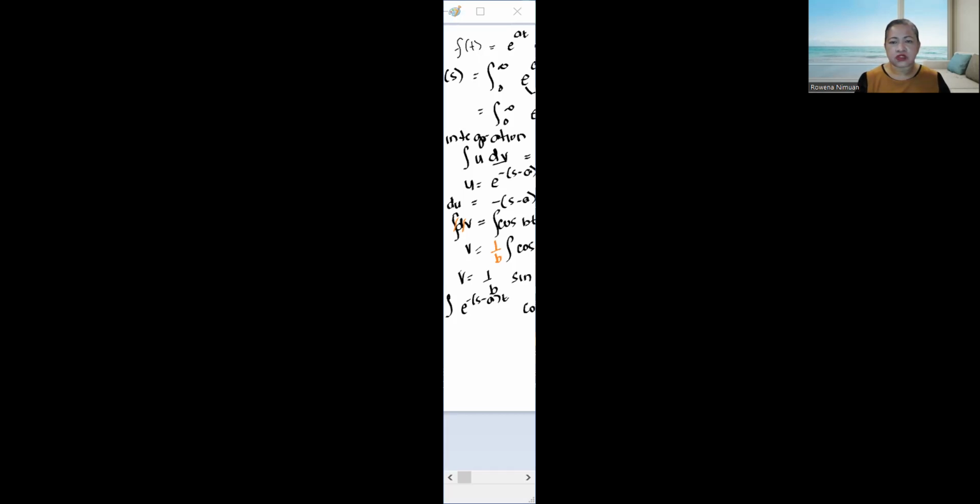This one is negative, negative, and negative, so that will become negative. Multiplying the factor here, minus s minus a squared over b squared, the integral of e to the negative (s minus a)t cosine of bt.